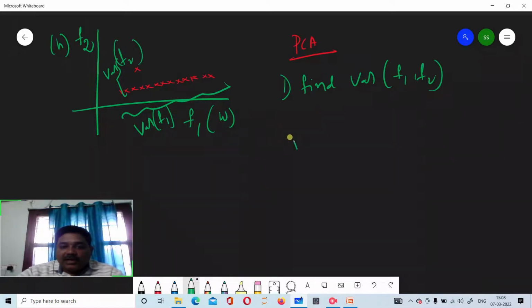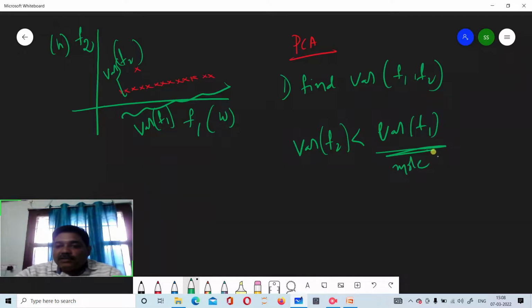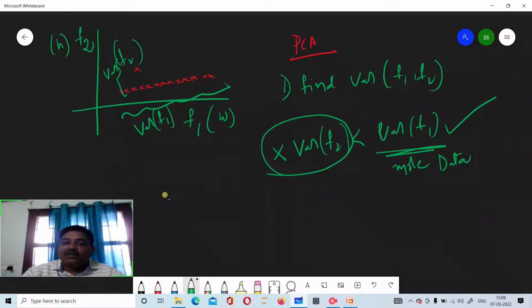When you observe this data, the variance of F2 is much less than the variance of F1. That means more of the data is preserved in F1. So now we skip F2 and only apply F1.